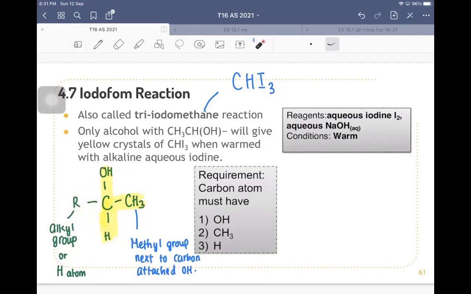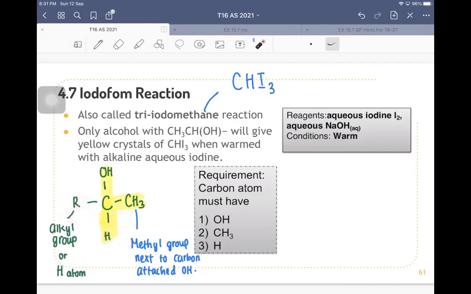So that means if R is an alkyl group or a hydrogen atom, that means this alcohol can only be a primary or secondary alcohol. Okay, why can't it be a tertiary alcohol? Well, if you have CH3 and another CH3, then this reaction will not happen because you do not have a hydrogen. That hydrogen is vital actually, because what's going to happen in this reaction is that your alcohol will be oxidized.